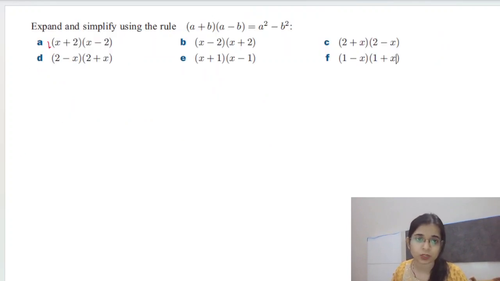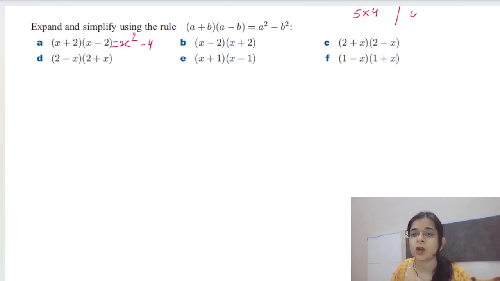Now moving to the next. We'll be doing some questions based on this. x plus 2 and x minus 2: square of the first term minus square of the second term. This is the repeated question. It does not matter. See, when you multiply 5 and 4, or 4 and 5, you are going to get the same answer. So whether you write a plus b first or a minus b first, that is again the same thing. So here this is a minus b, a plus b, so don't get confused.